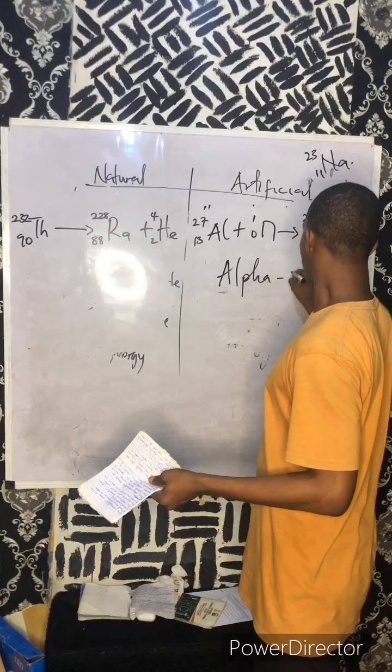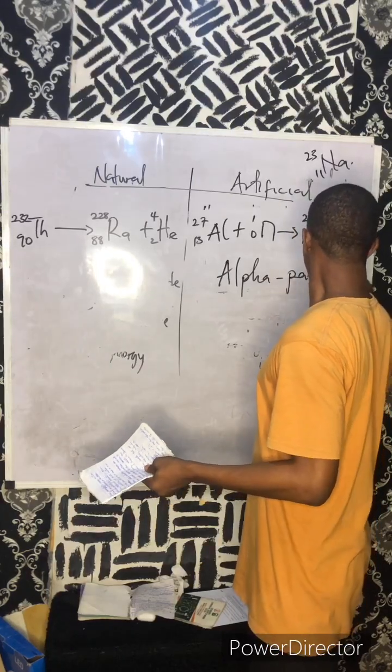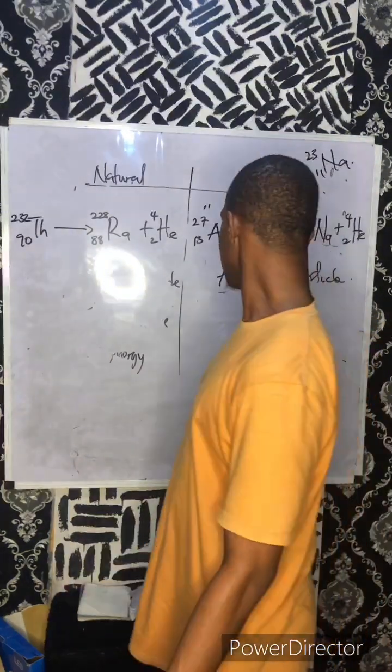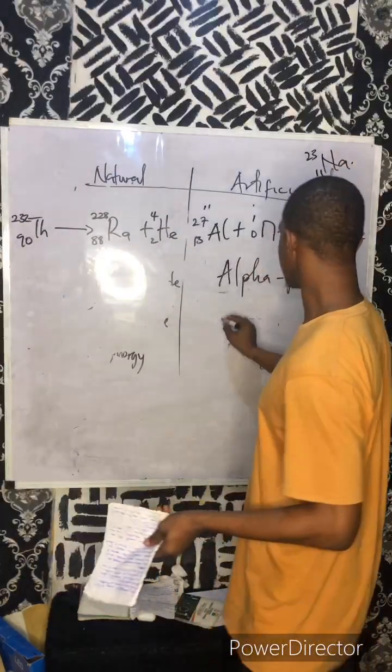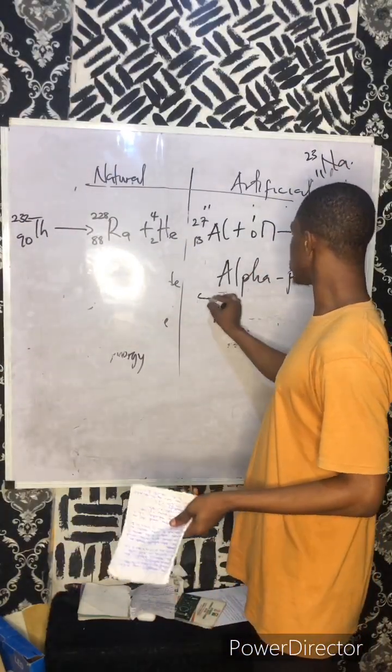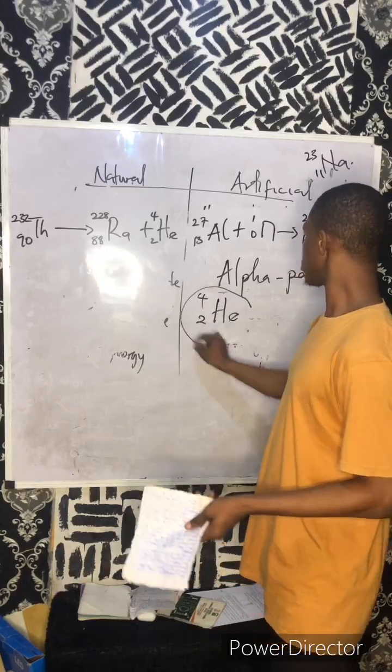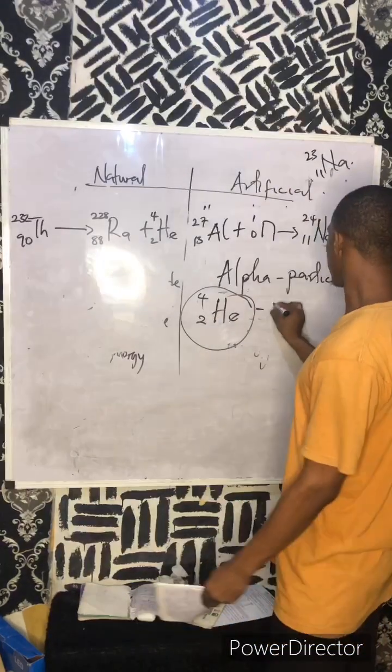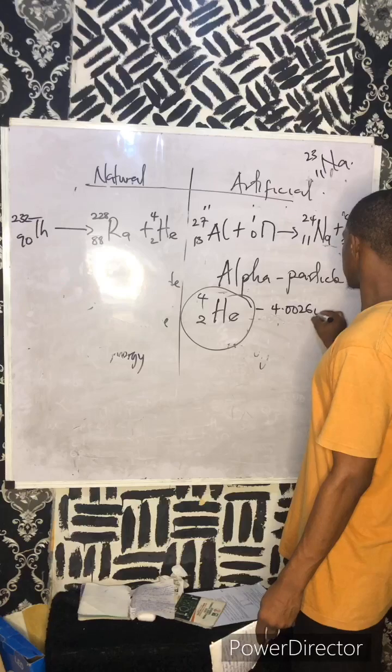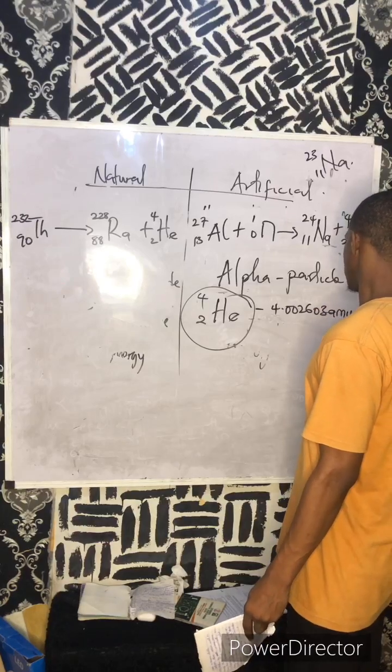An alpha particle is also likened to helium. It is the same as helium. It has a mass of 4.002603 atomic mass units.